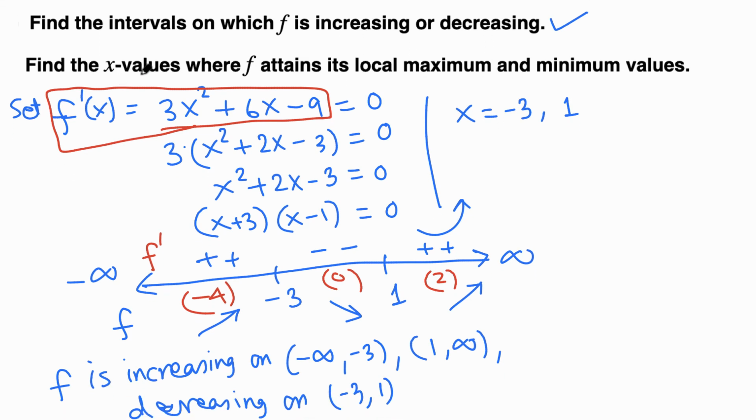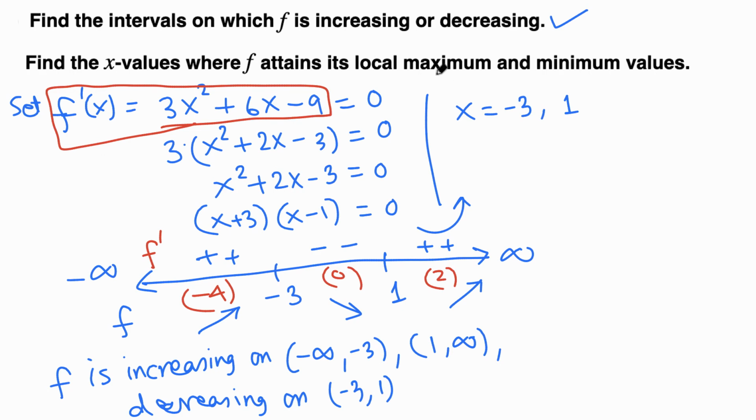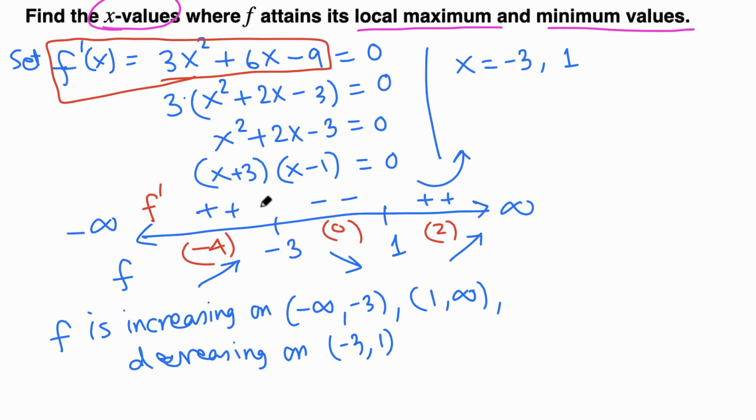Now we need to find the x values where the function attains local max and min. We need to look at the critical numbers and see from the sign chart. Left of negative 3, the function is going up, and after negative 3 it's going down, and again at 1 it's going up.